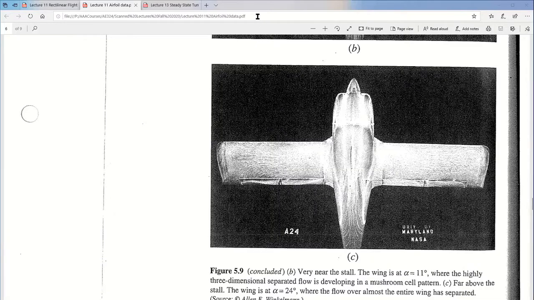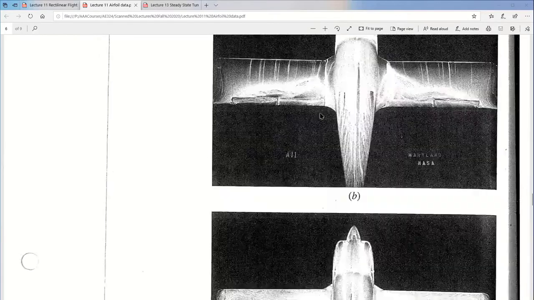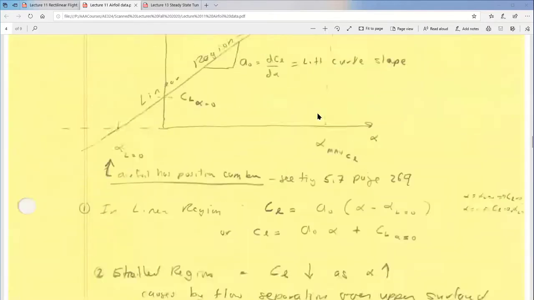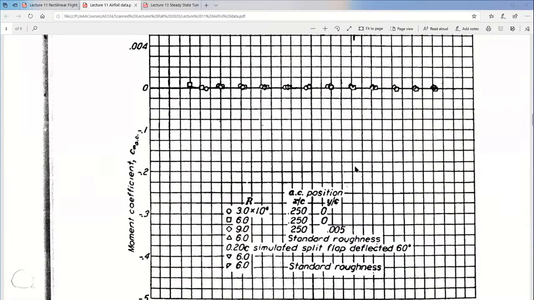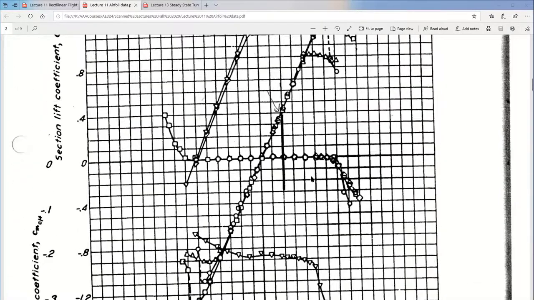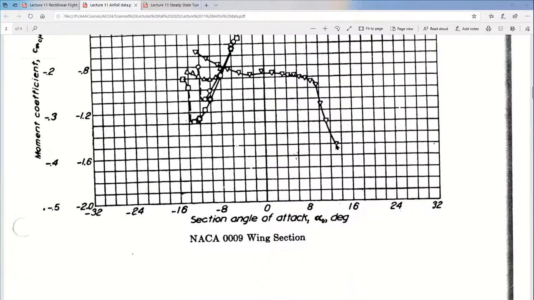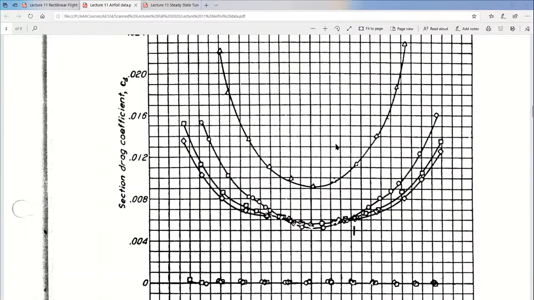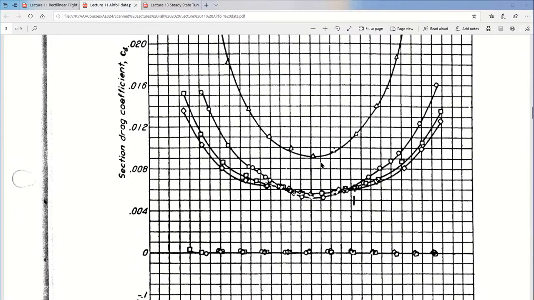Okay, so next I want to talk about how you read the Reynolds numbers on these plots. So remember we talked about how this curve has circles and squares and diamonds, and then this one has upside down triangles. So on the next plot, this is the drag polar, so it's CD.